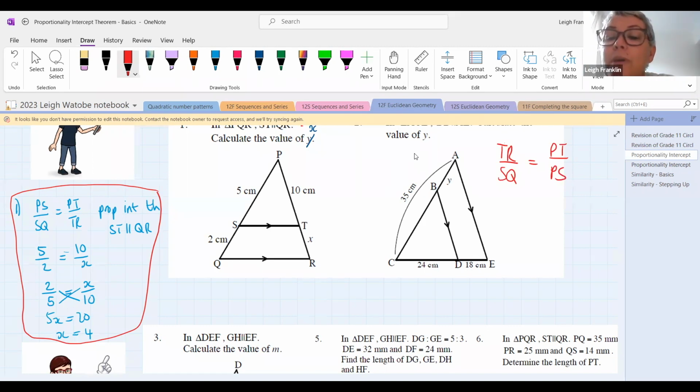Here, if you went x over SQ, which is 2, is the same as 10 over 5, you'd get the same answer by cross multiplying. You'd have 5x equals 20, so x would be equal to 4. But you can't put TR over PS, and you can't put PT over SQ.